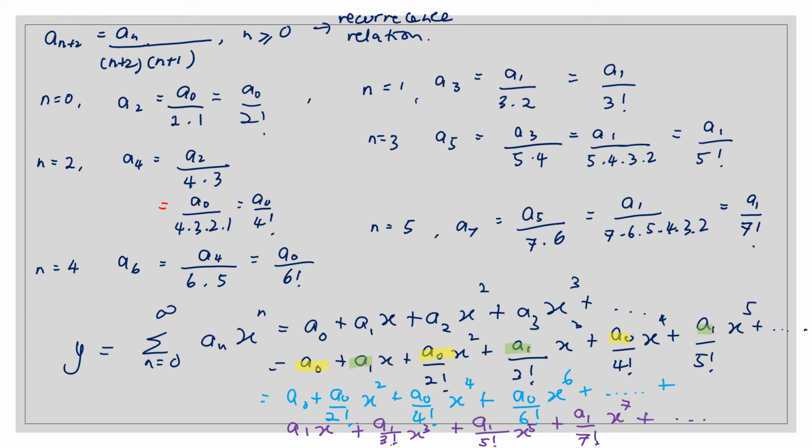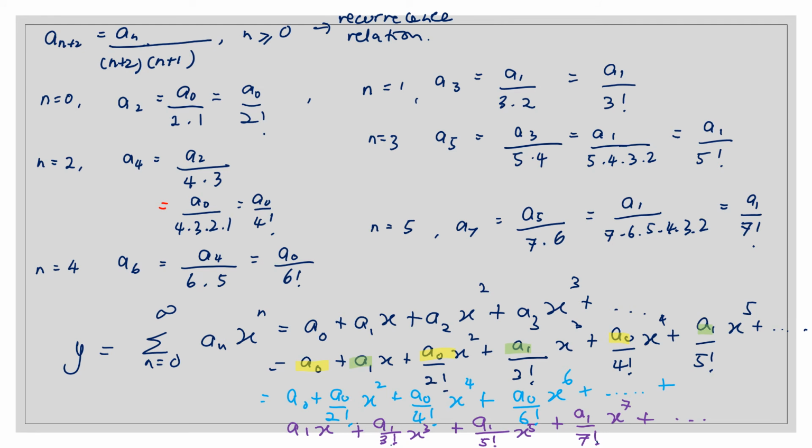As usual, the terms with a0 coefficient are for y1 and the terms with a1 coefficient are for y2.